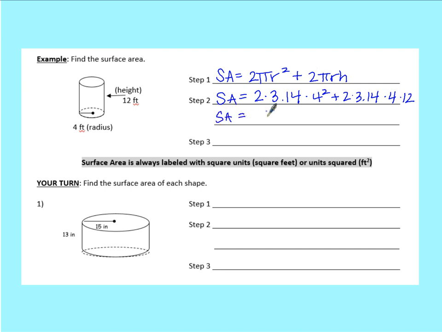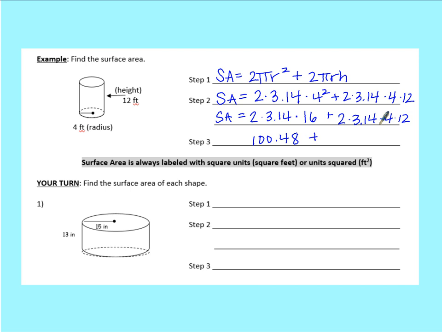Remember, exponents come before multiplication. So we do 2 times 3.14 times 4 squared is 16 here. And then if you want to go ahead and multiply this stuff together, we're going to get 301.44. I'm just going to go ahead and rewrite this step down. Now we can multiply this part and this part. 2 times 3.14 times 16 gets us 100.48.